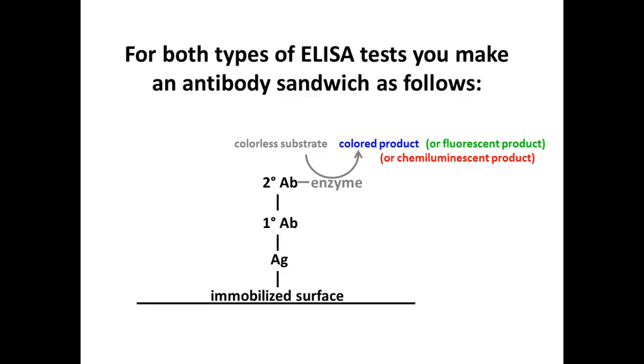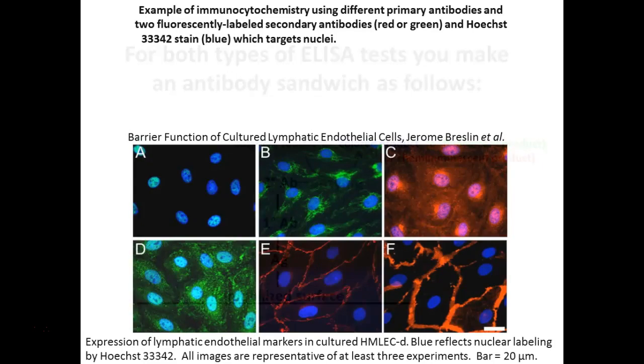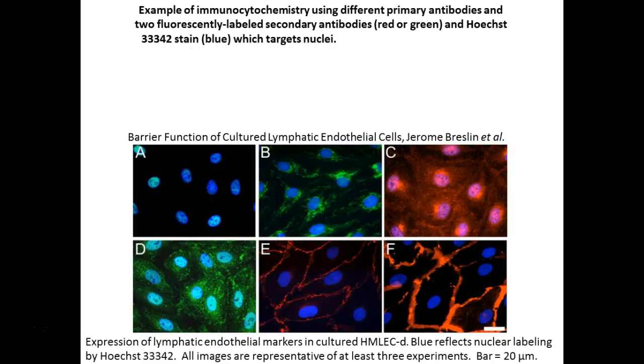It could be a fluorescent color change, where you would have to use what to be able to see the fluorescence? You'd have to use UV light. So here's an example of cells on a slide.